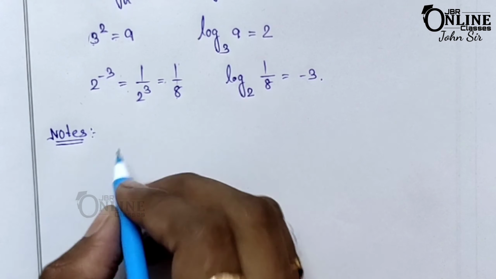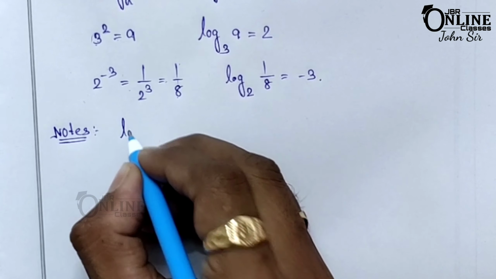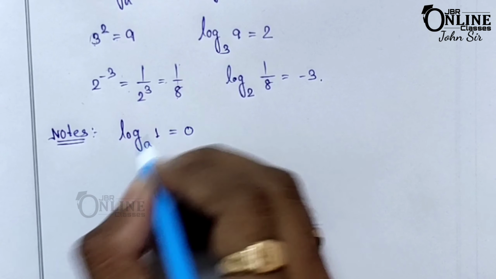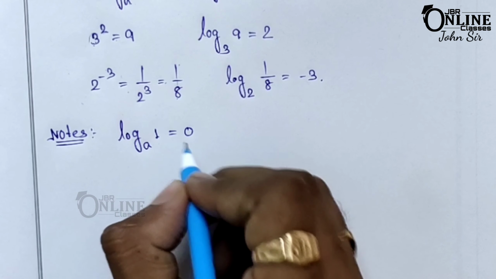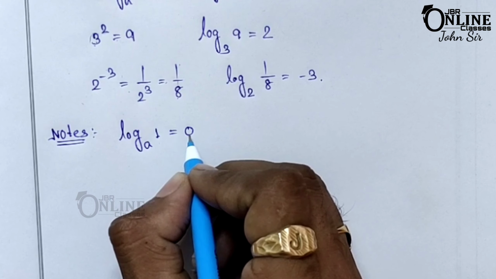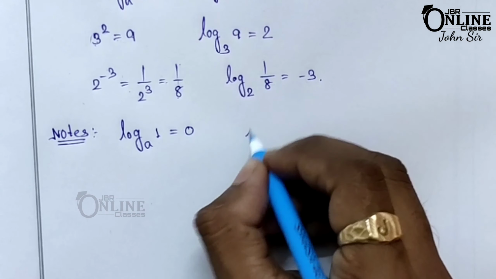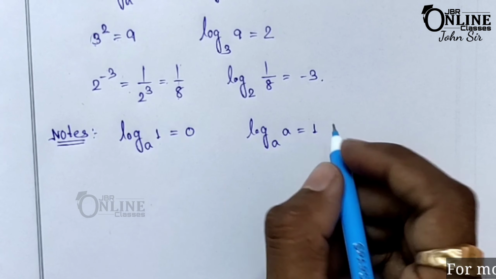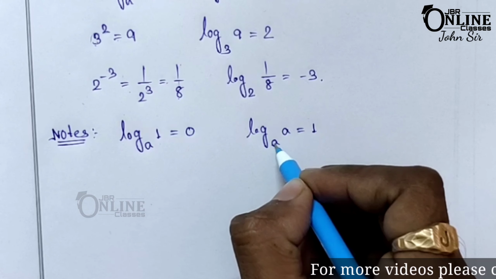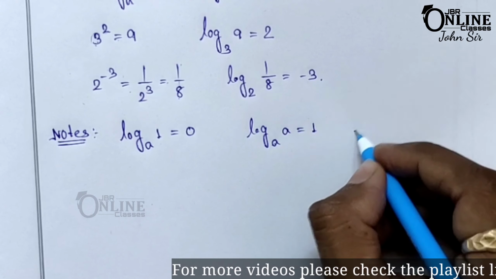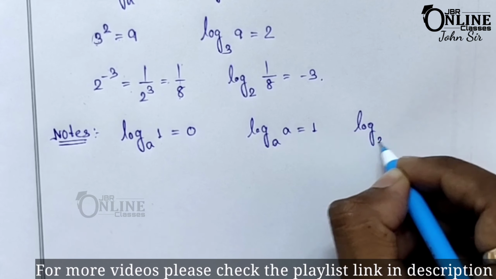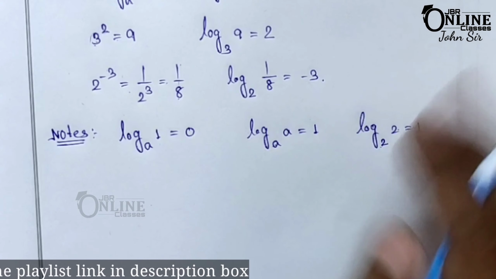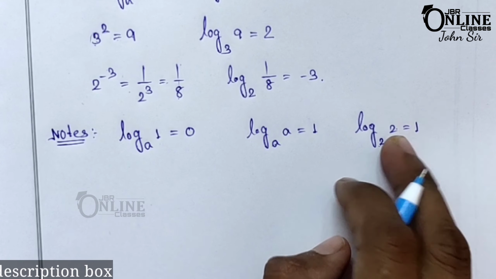Now I will give you some notes. First one, log of 1 to any base, the value of log 1 is always 0. Second one, log base a of a is always 1. If these two numbers are equal, that will always be 1. As an example, log base 2 of 2 equals 1, then 3 or 4, any number, is always 1.